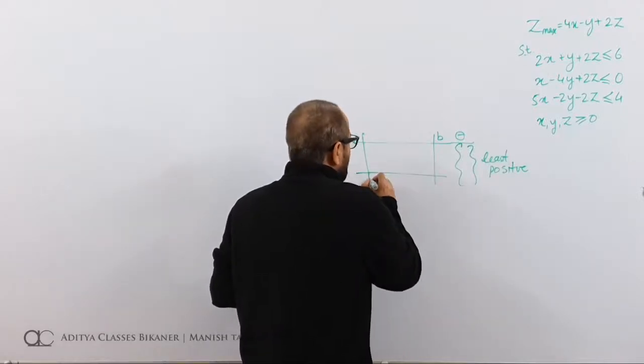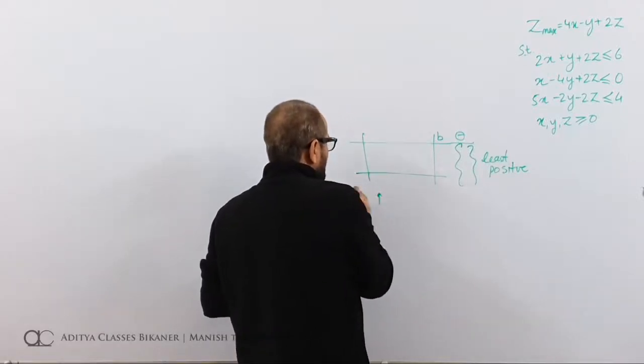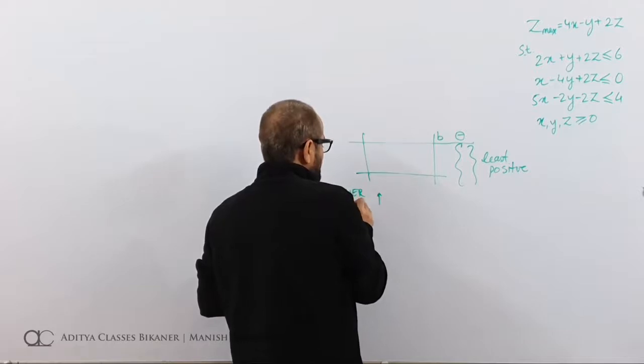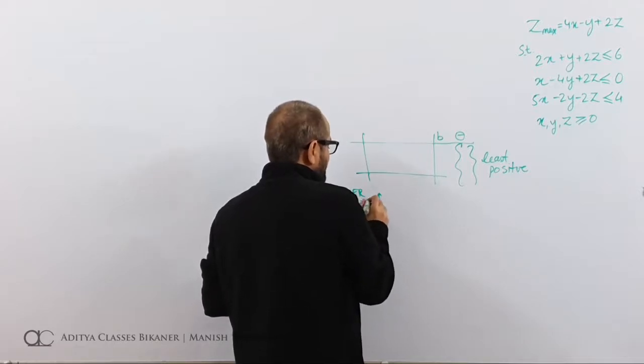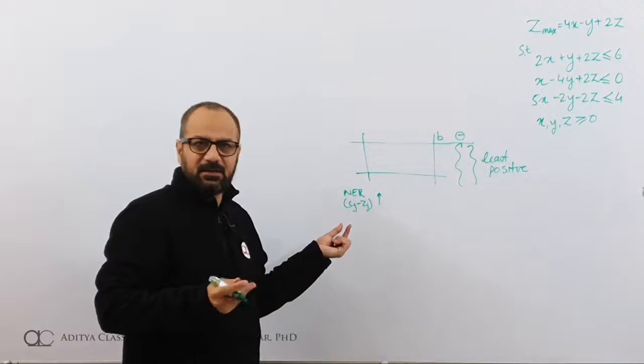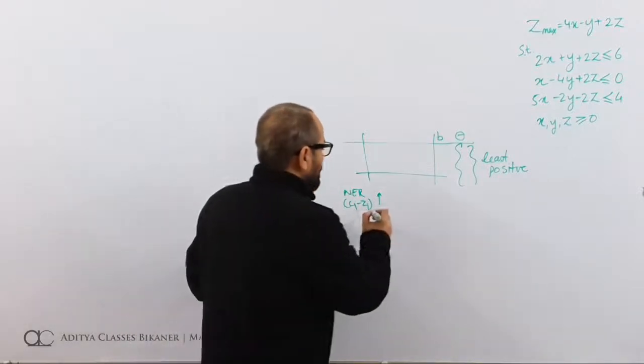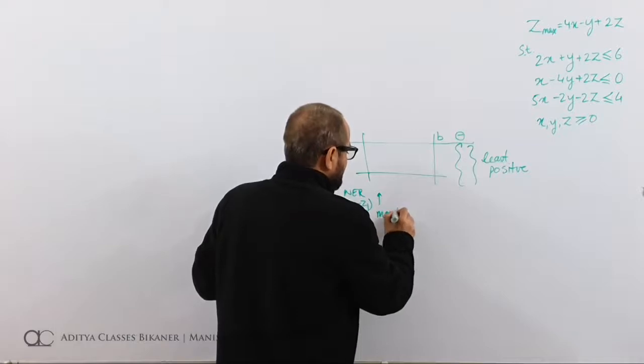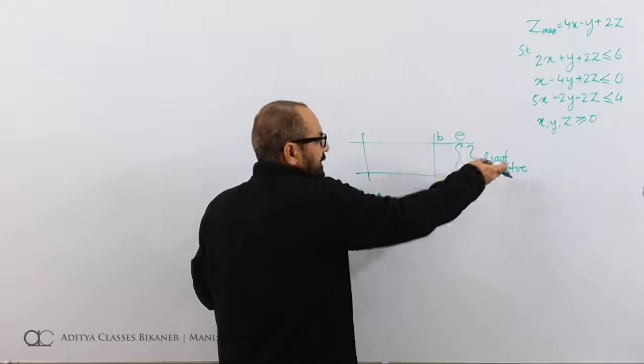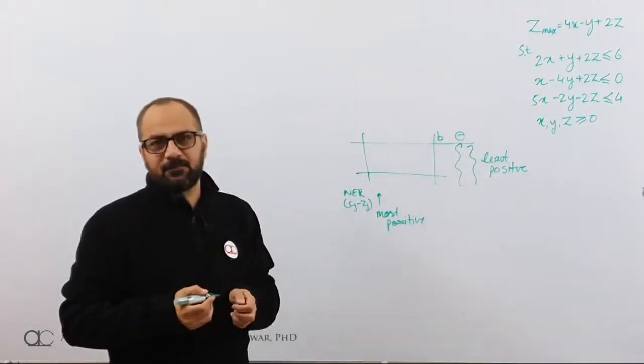The most positive from the net evaluation row, which is Cj minus Zj in case of maximization. For minimization, this becomes Zj minus Cj. So from the net evaluation row, I take most positive, and from theta, I take least positive.